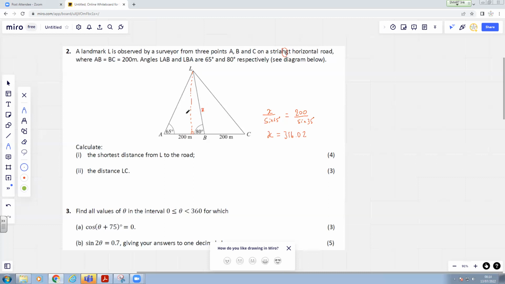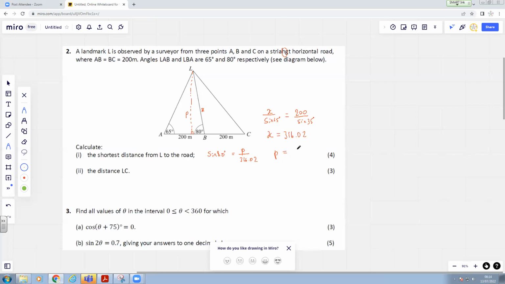Because you're trying to find this, let's call this side P. You could say sine 80 equals opposite, which is P, divided by hypotenuse, which is 316.02. And now you can work out P: it's 316.02 times sine 80.